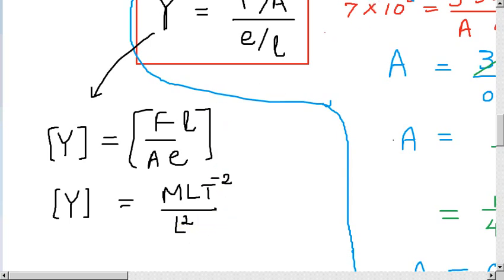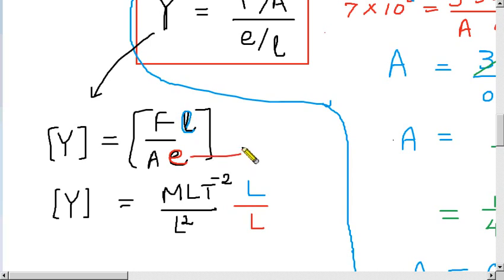So these have no dimensions. This one has dimension L, this one also has dimension L, because this one is the original length, so it is a sort of length.